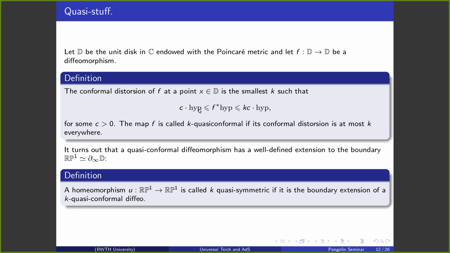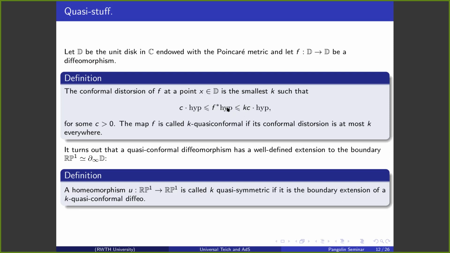So you want to rescale your hyperbolic metric by a factor c and by a factor kc. K here should be the best that you could, and you squeeze the ellipse, which is the unit ball of f star of the hyperbolic metric, between the two disks. And of course, at any point you can do that, and you find the best k, which is the ratio of the big by the small disk there.